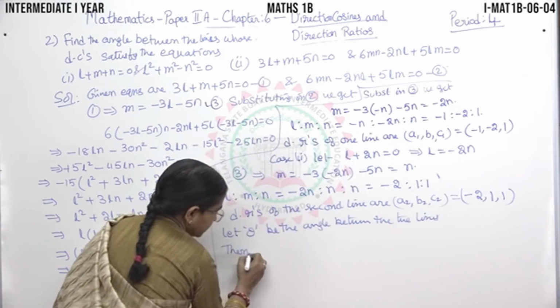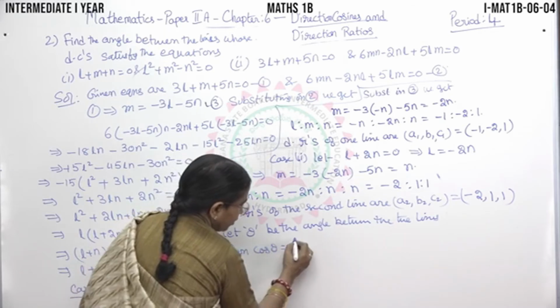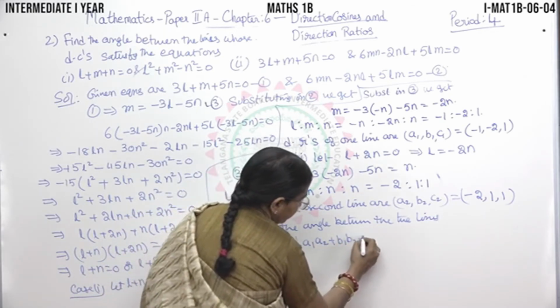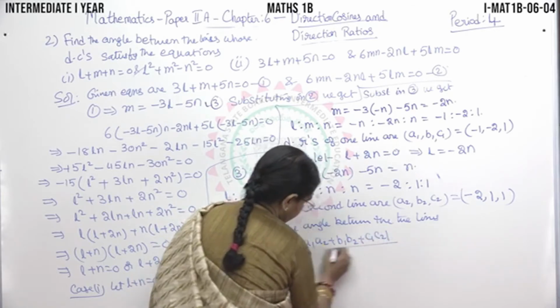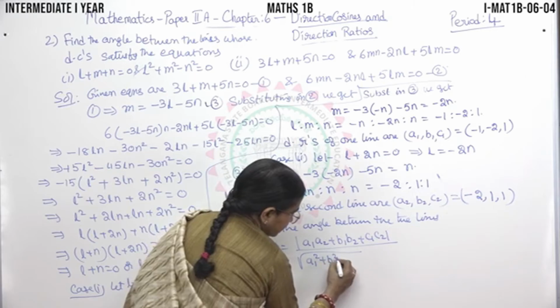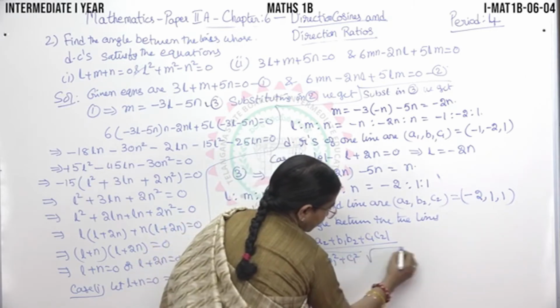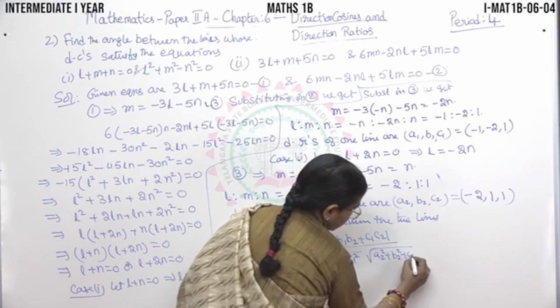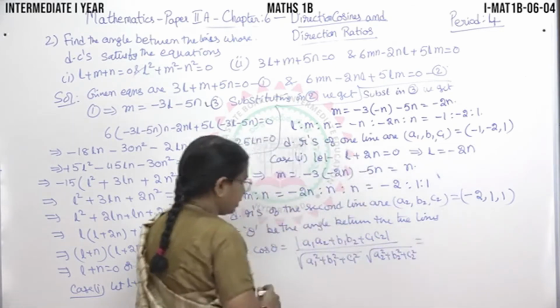Then cos theta is equal to, you know the formula, mod of A1 A2 plus B1 B2 plus C1 C2 by root of A1 square plus B1 square plus C1 square into root of A2 square plus B2 square plus C2 square. Now substitute the values.